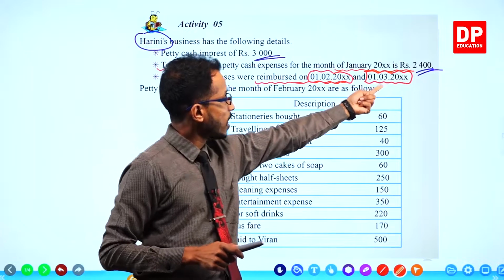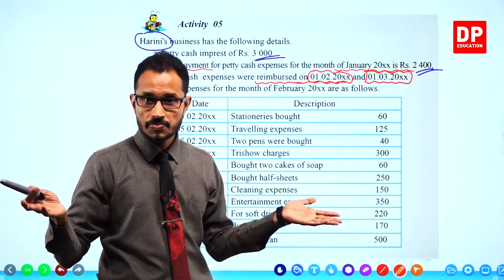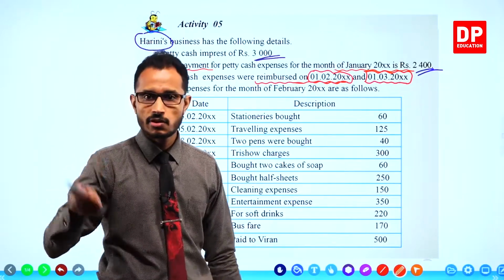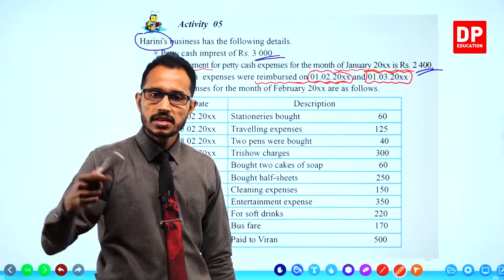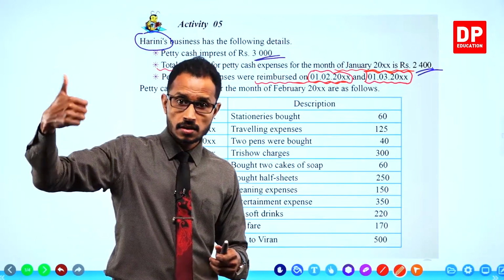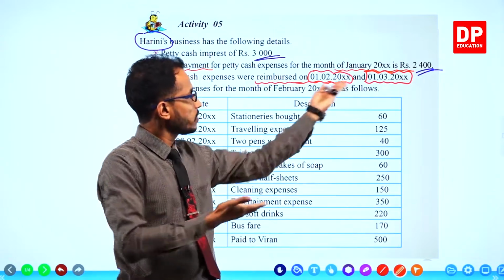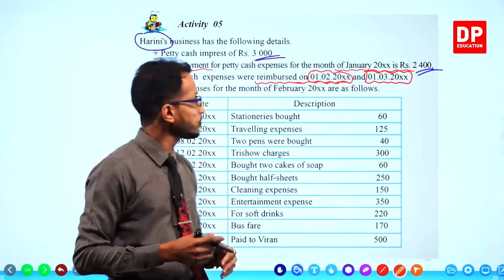Then again, 1st of March, we have received the reimbursement. You know that every month, at the beginning of every month, the reimbursement must be received by the petty cashier from the main cashier.